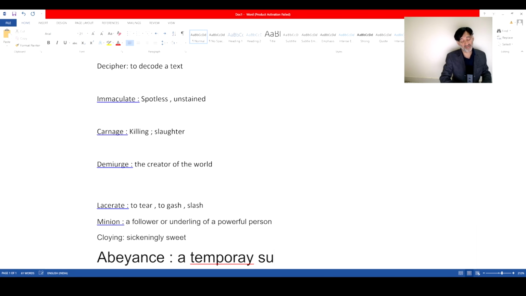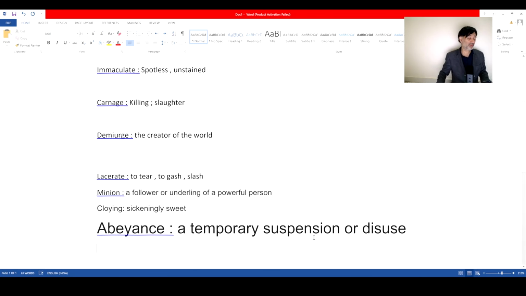Temporary suspension. That is abeyance. Suspension or disuse. You're not using it, so it's in abeyance.